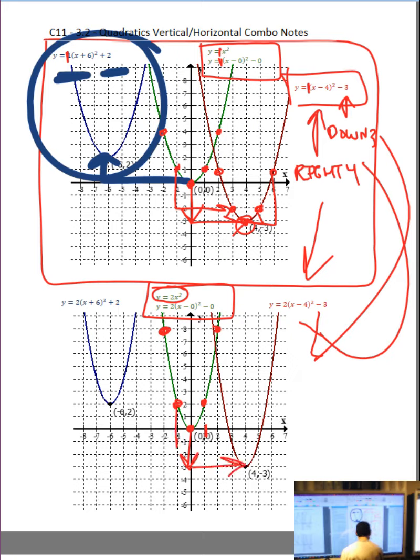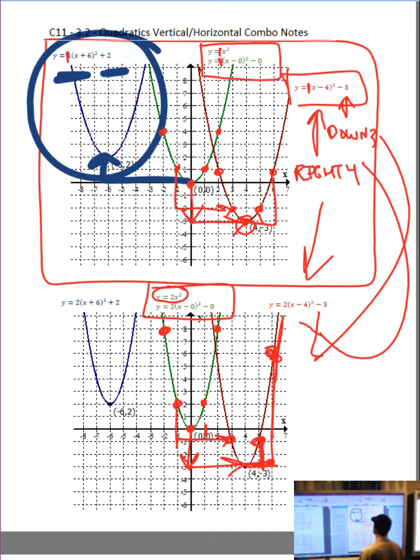And the same to all the points. Down 3, right 4. And you get the same pattern that we do with the 2 shape. 1 squared is 1, times 2 is 2, up 2. 2 squared is 4, times 2 is 8, up 8.